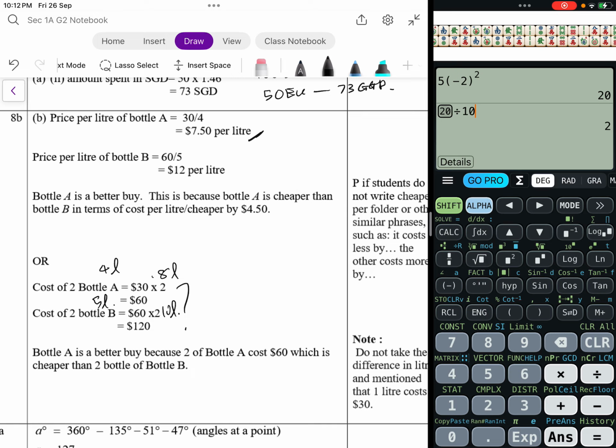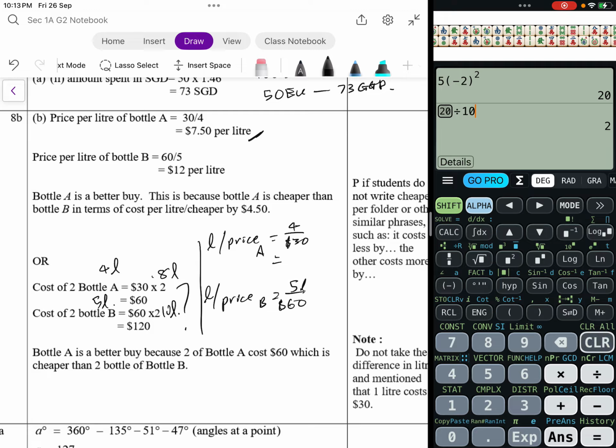Strange. Okay, now you can also take liter per price. Liter per price for A would be 4 divided by 30, and liter per price for B will be 5 divided by 60.